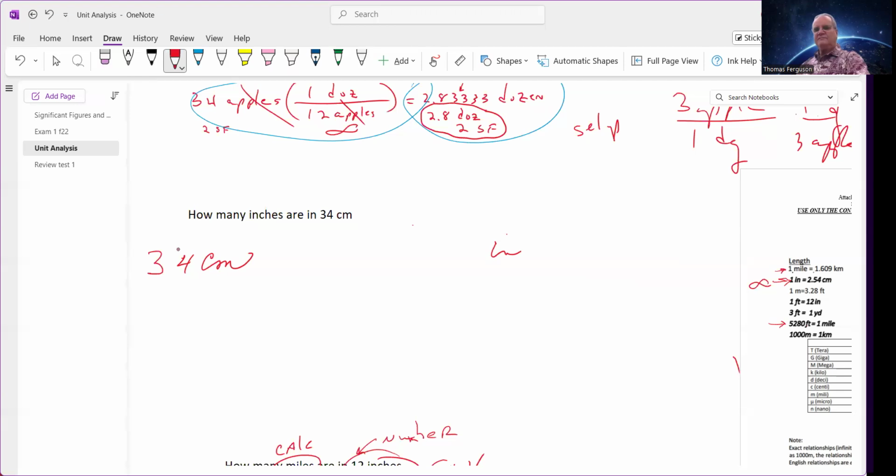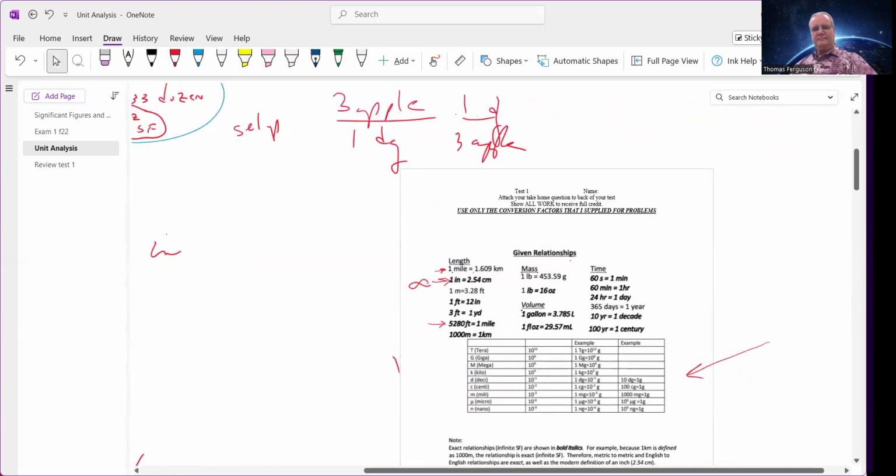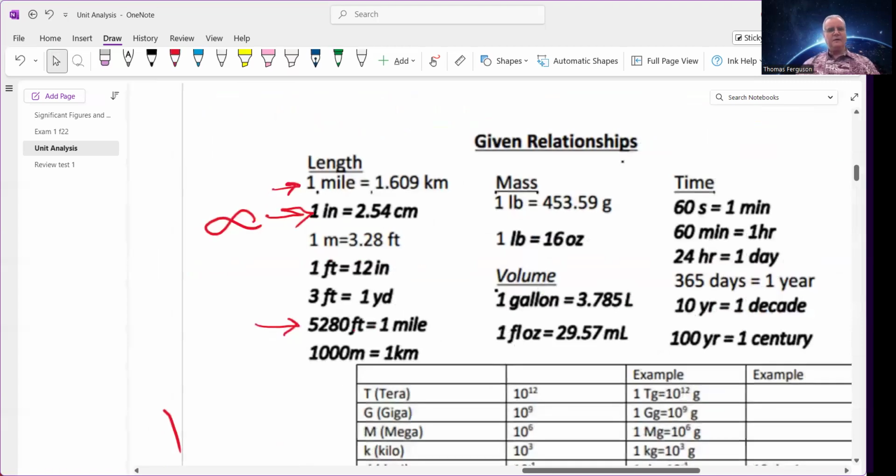Okay, so this is the conversion table that I modified from Dry Lab 2. Now, the way I modified it is all the stuff that has infinite sig figs, I'm going to give you a copy of this, is in bold. Now, the one in your lab is italicized.